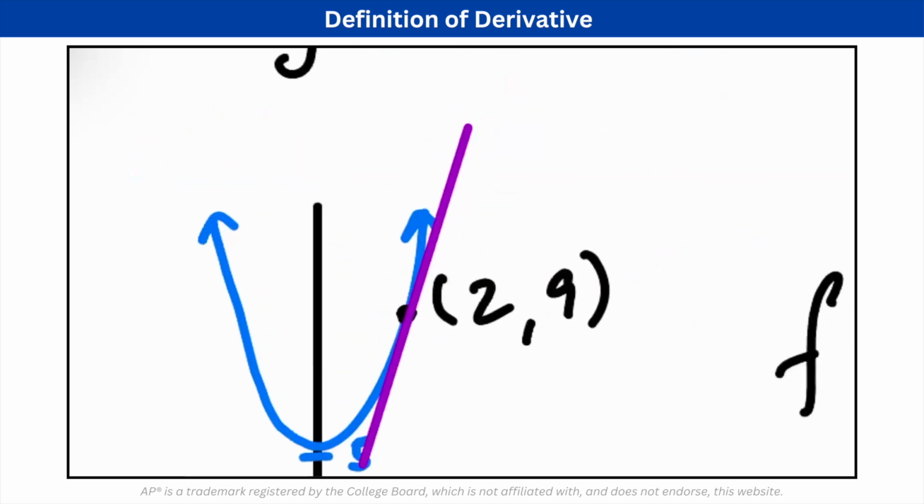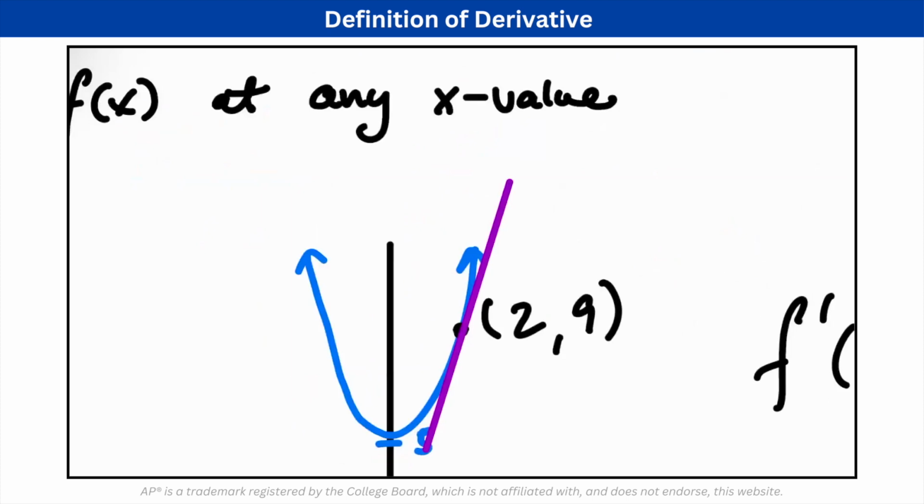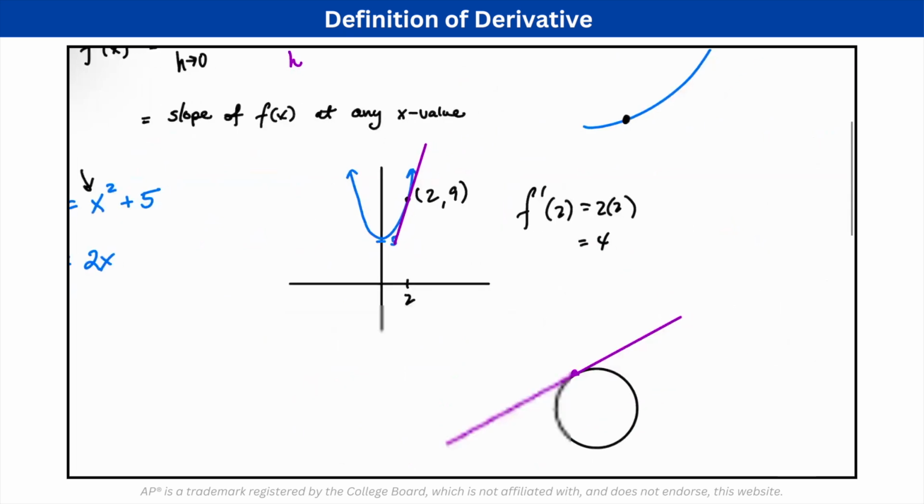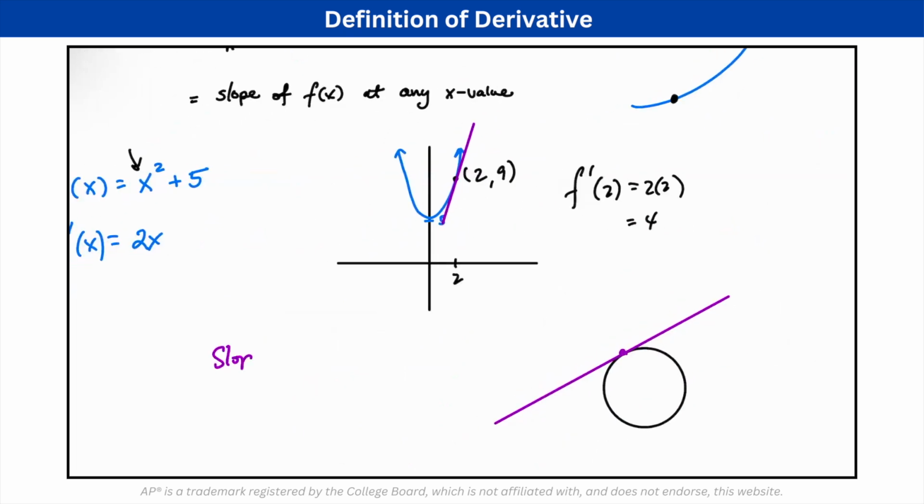And the significance of using the idea of a tangent line is that the slope of the tangent line is always equal to the slope of the point on the function.